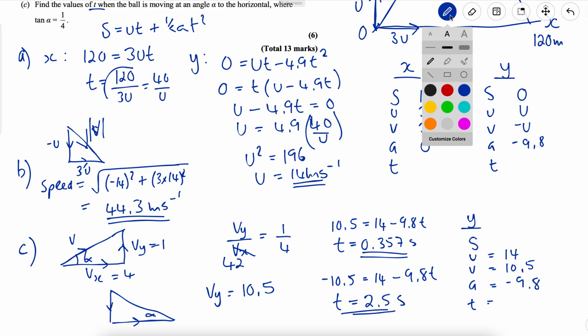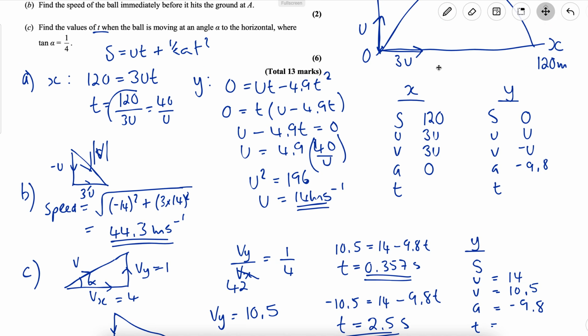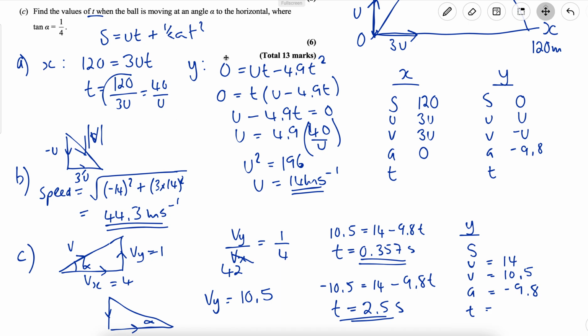Marks wise for this question, and back up to here, there's a method mark for it in the y direction, making an equation where it's clear that you've used this or another SUVAT equation correctly. If you've made some mistakes with sign errors and values, that's fine. You get an accuracy mark for all terms correct.